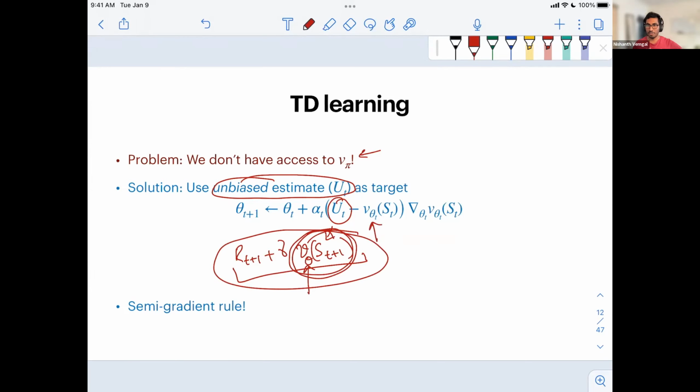So we don't get the gradient only with respect to the estimate, but with respect to the target as well as the estimate. But in all the algorithms that we see, we typically consider UT as a target, and we don't take the gradient with respect to the target, only with respect to the estimate. So this is called the semi-gradient rule, because we are taking only half the gradient.